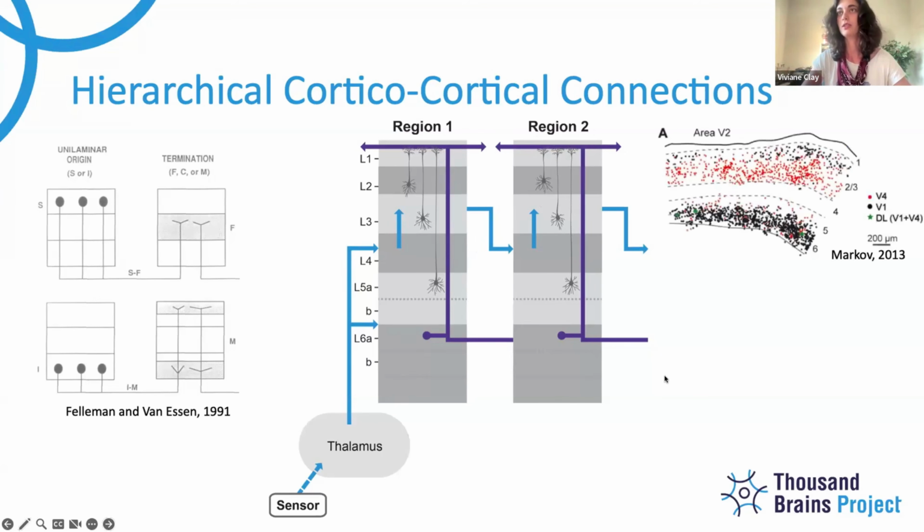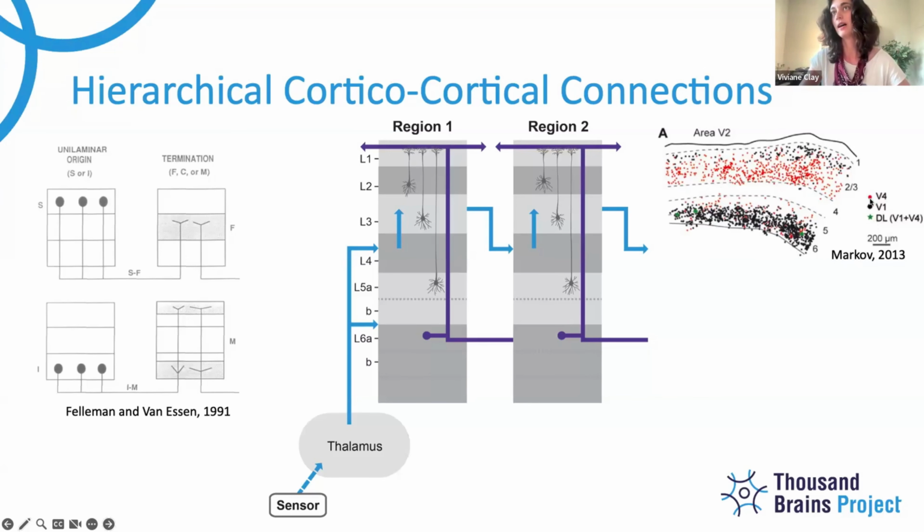And then just to show another more experimental image of this idea. So here we have retrograde labeled neurons in V2 that are shown here. So these are neurons in V2, and then they inserted a dye in V1 and in V4.